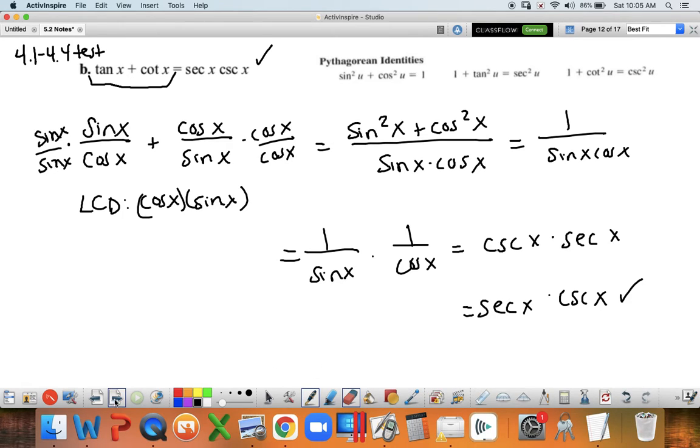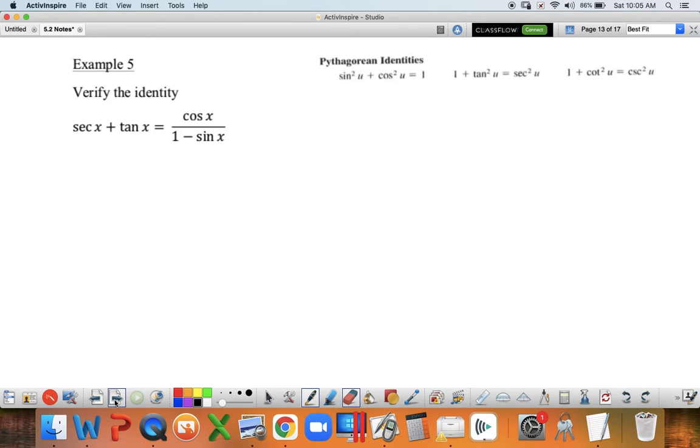All right, let's keep chugging along. We got example 5 here. We want to verify this identity. So a lot going on on the right-hand side. And the reason being, we really don't like having this binomial here in our denominator. It makes things a bit more complicated. So we want to try to find a way to get it down to just a monomial, just one term.